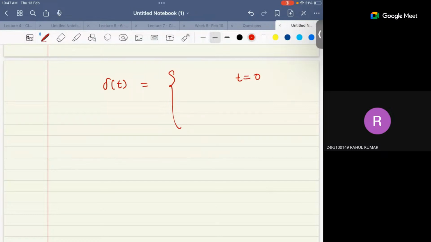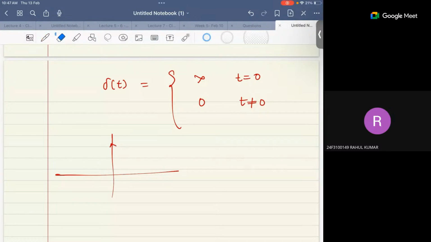It tends to infinity, I think. Yeah, this is infinity. And for all other values, it is 0, right? So it is defined like this. This is infinite. But normally, whenever you see it, it will be shown like this, with the value 1.